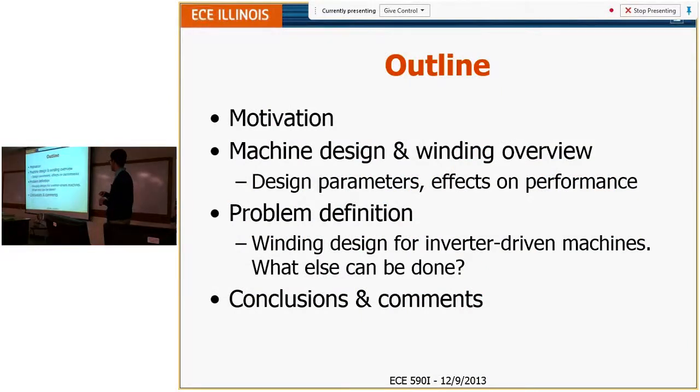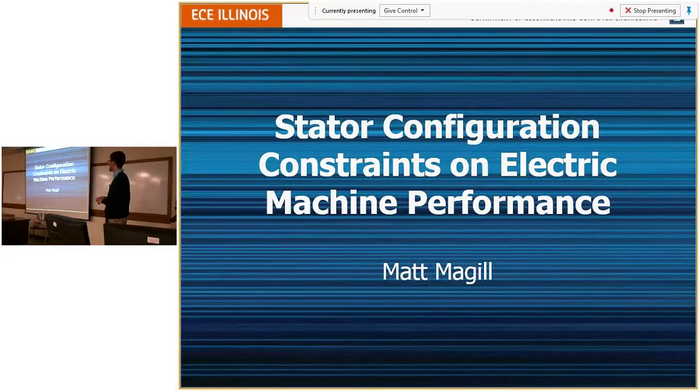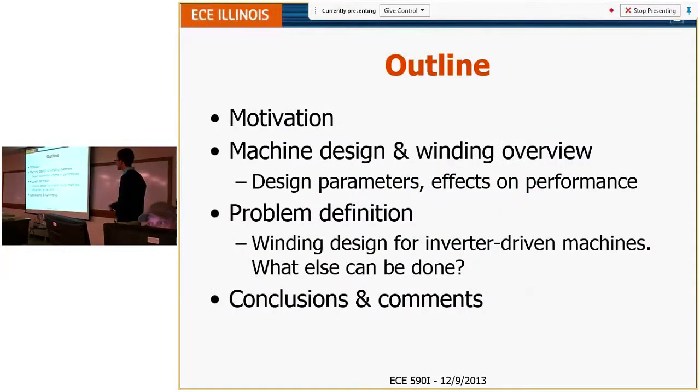So this talk, I started this work a year and a half ago, and then kind of got sidelined during internship, and just picked it up this past semester. First, let's talk about why we're working on the project. Then, because most of the people in this room don't work on electric machines, I'll go through a basic design procedure you would go through if you're given, let's say, power as your operating requirement.